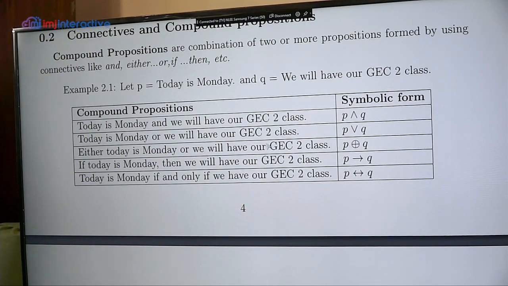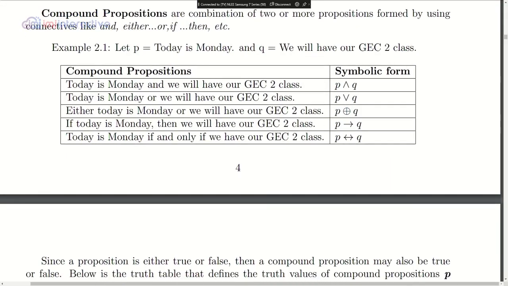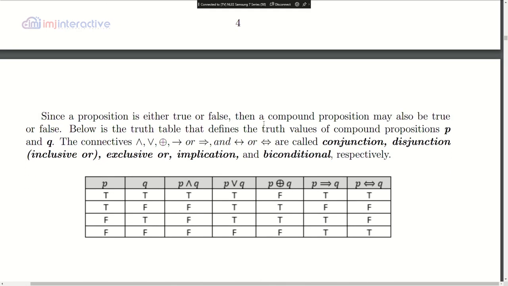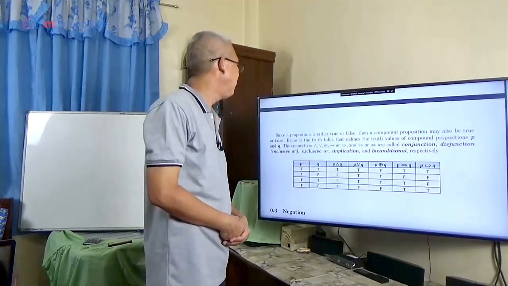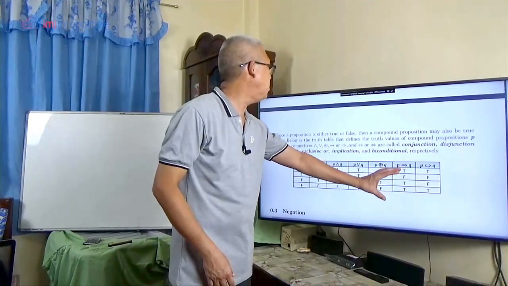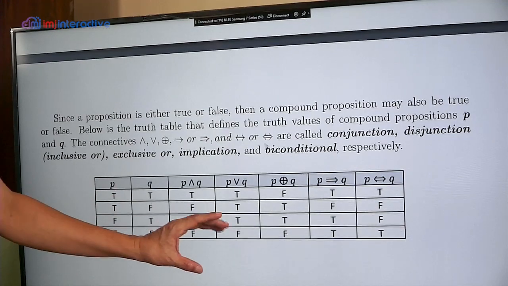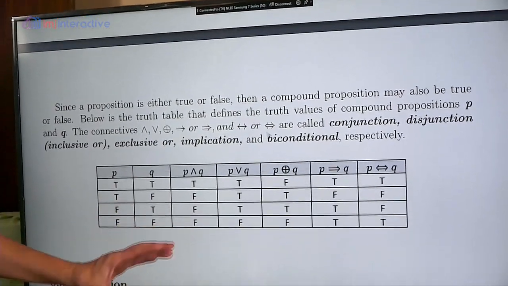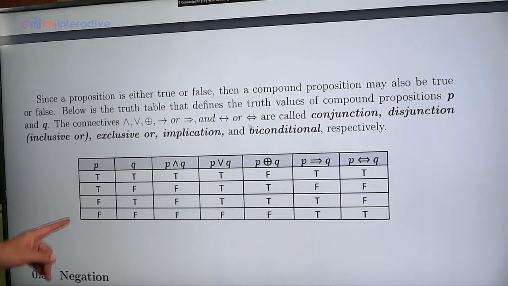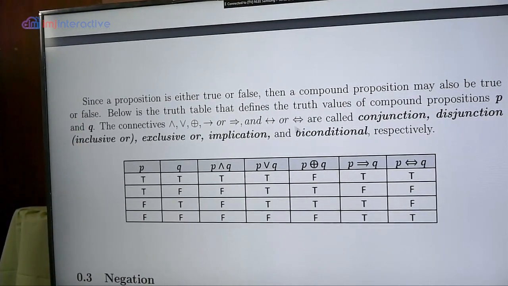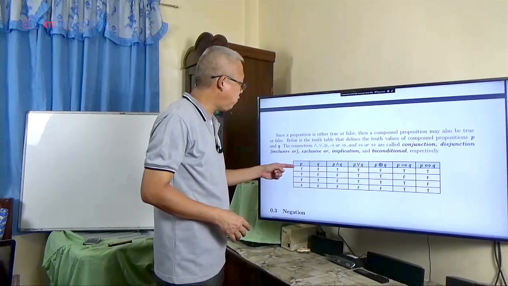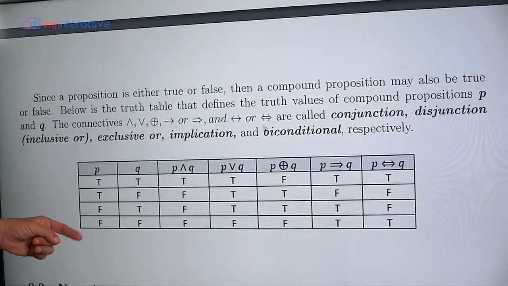Since a proposition is either true or false, when you combine propositions, the result can either be true or false also. So this is a table showing the truth values. It defines the truth values of compound propositions P and Q. If you are given two propositions and you combine them, you can form four combinations.